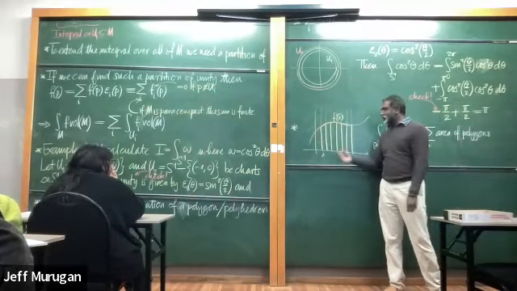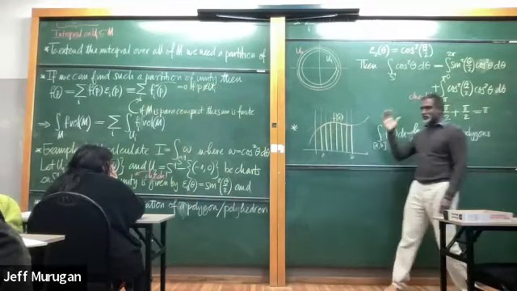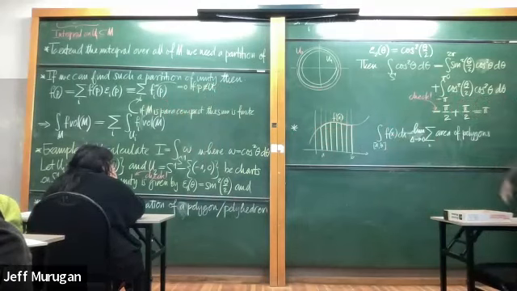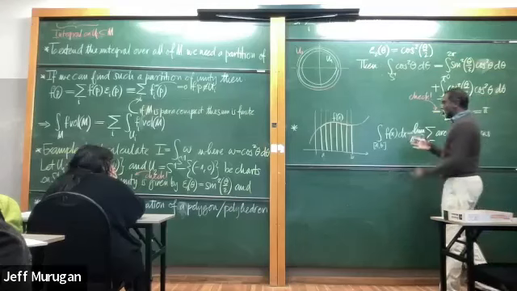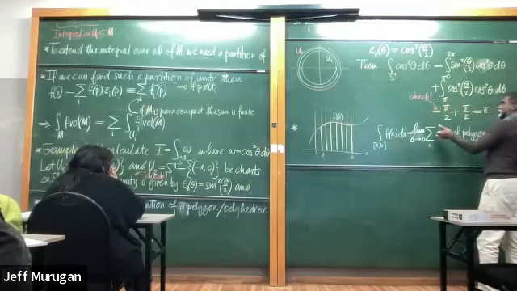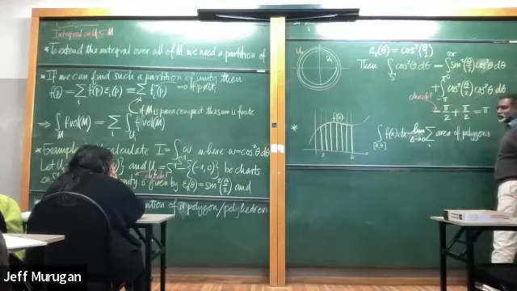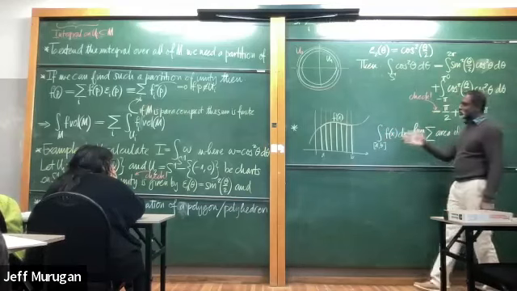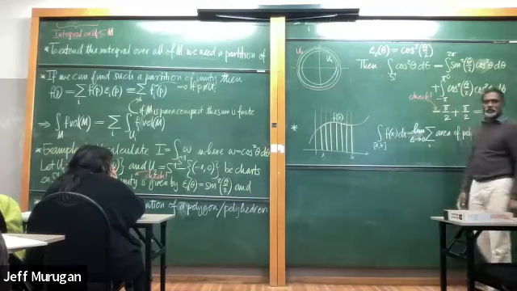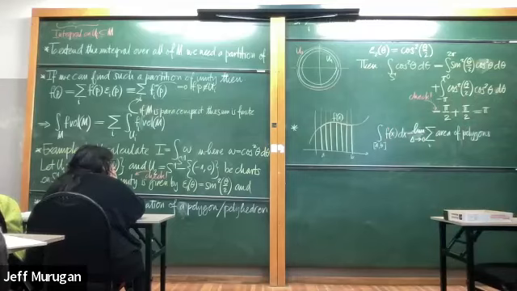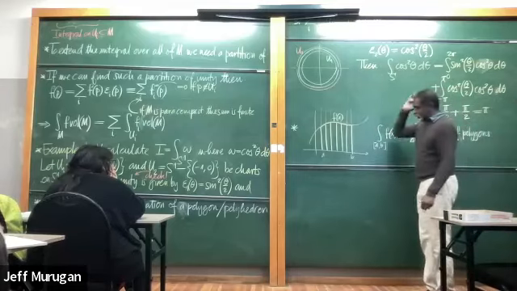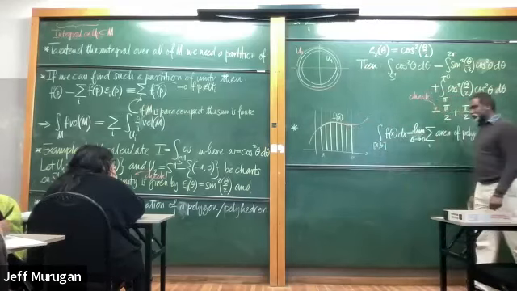But you know how to calculate these, base times height. So what you did was map the area under the curve, or the integral, to this approximate thing that you calculated, and then you made the polygons thinner and thinner. That was the refinement of your calculation of this area, and that gave you the integral in the limit.